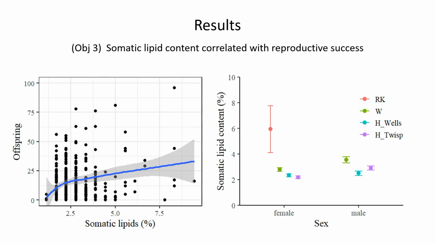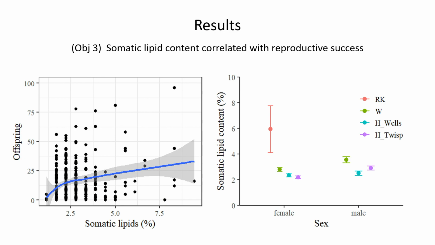So here we're looking at the relationship between lipids and reproductive success on the left, basically showing that on average, fish with higher lipid levels produced more offspring. And then on the right, that's the differences among these groups, their average with confidence intervals for their somatic lipid contents.